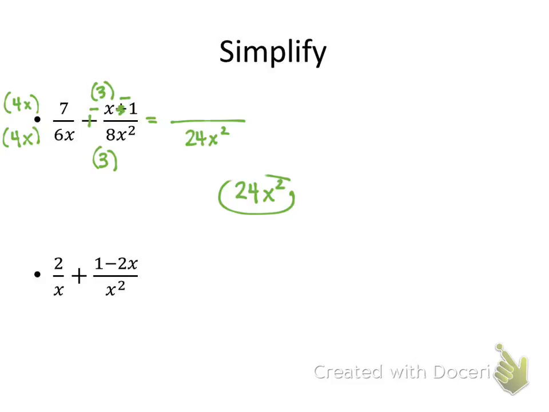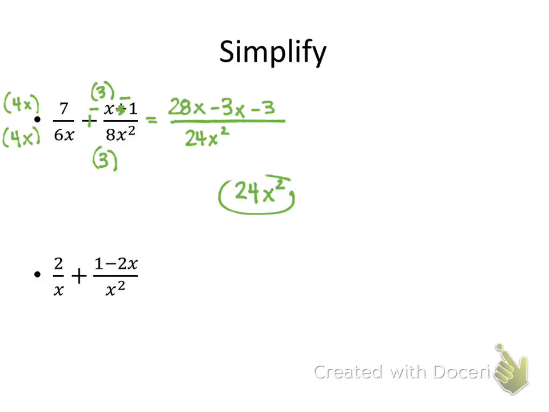So what I'm going to do now is combine these numerators into one single problem. So 4x times 7 is 28x. 3 times negative x is negative 3x. 3 times negative 1 is negative 3.